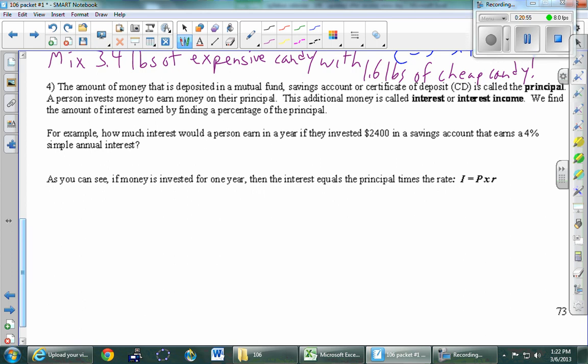So we're going to take 2,400 and we're going to multiply it by, but there's a little trick here. You don't want to multiply by 4, 0.04, because 4% is 0.04 as a decimal. Remember, you move it 2 places to the left.